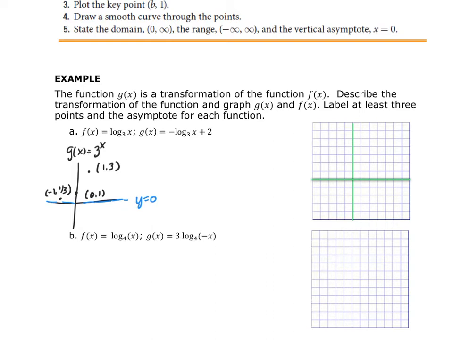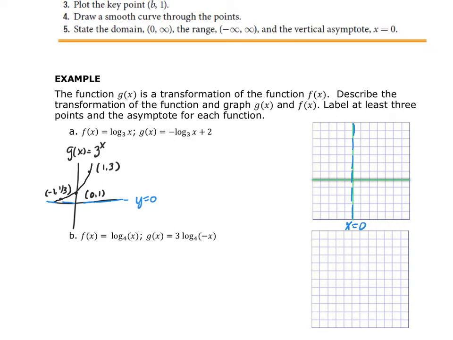And I'm going to plot the inverse of the exponential I have right here. My horizontal asymptote becomes a vertical asymptote on its inverse. So I'm plotting the log, so this is x equals 0.